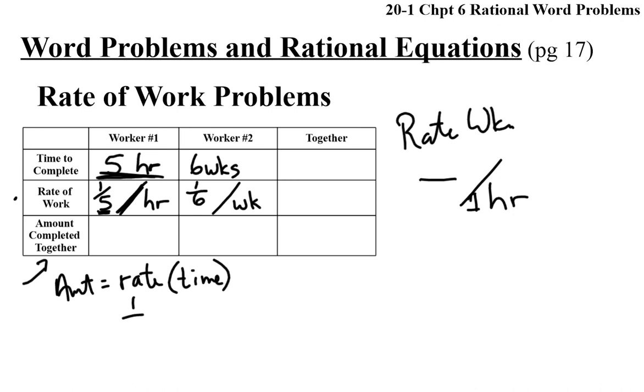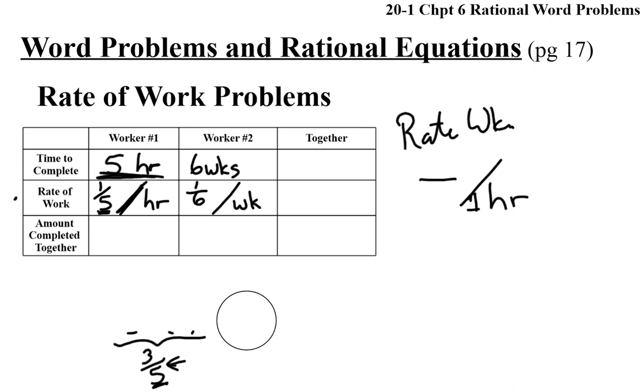So I get 1/5 of the job done every hour. But if I'm working with someone, I'm not going to work for 5 hours. I'm going to be working for something less. So the rate times the time is the amount that gets done. In this case, if I was doing 1/5 of the job per hour and I worked for 3 hours, I would have completed 3/5 of the job. I wouldn't have done the whole job because it takes me 5 hours, but because I'm working with someone, it took us 3 hours, so I've done 3/5 of the job.